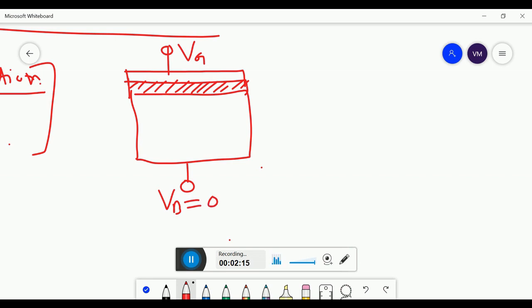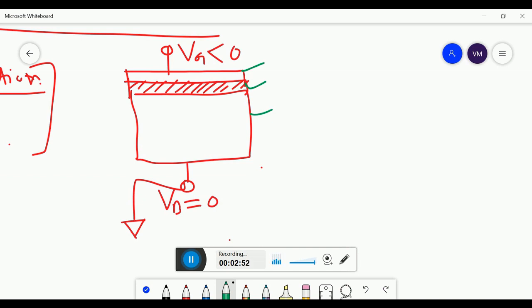That means somehow I have grounded it. Now let us focus on the amount of gate voltage which we are applying here. Let us take the first condition when we are applying a negative voltage, a voltage less than 0 volt. Then what will happen? Actually we all know that this complete system, consisting of the metal, that is aluminum metal, silicon oxide and silicon substrate, is already in the equilibrium condition.